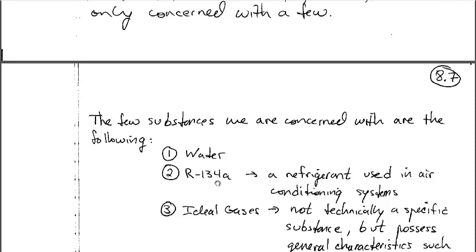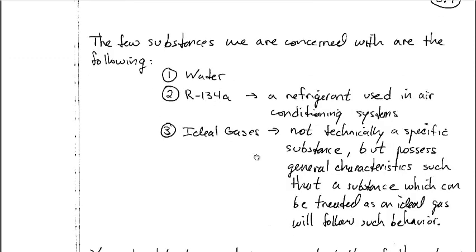The other substance that we'll study this semester is not technically a specific substance, but because such substances possess general characteristics, any substance that can be classified as such will have well-described behavior.